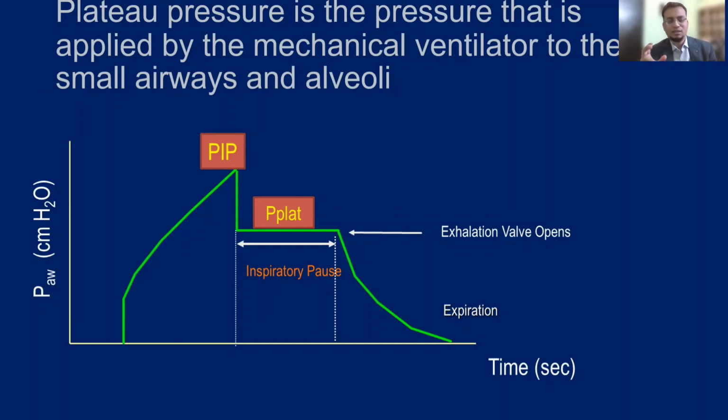That means that the lung is not flexible. It is difficult to inflate the lung, and that is where your plateau pressure is increased. So if the plateau pressure is going up, it means that it is the lung which is getting stiffer.